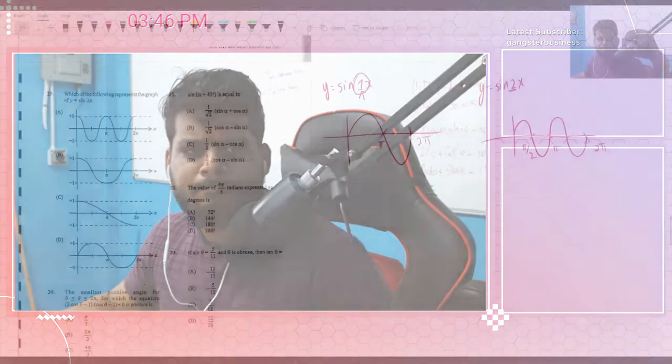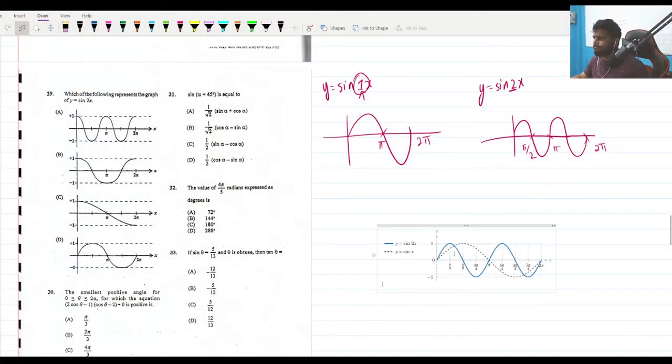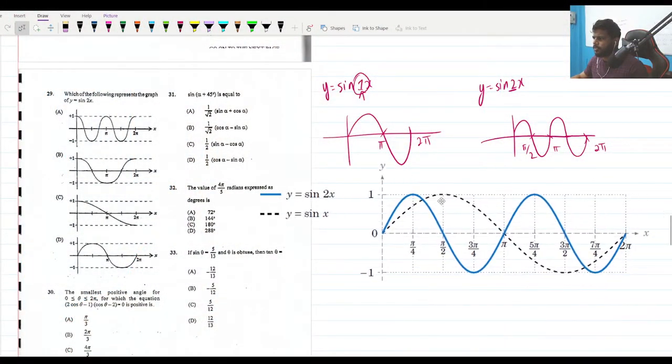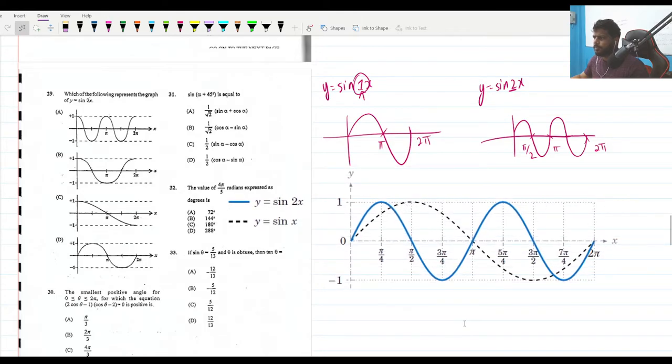So we have it in radians. All right, so I'm pulling it up here. Hopefully you all can see this. Now, as you can see, the blue graph is y is equal to sine 2x. Starting at 0, the only one that starts at 0 is part D. Goes up, goes down, cuts at pi on 2, which makes sense.